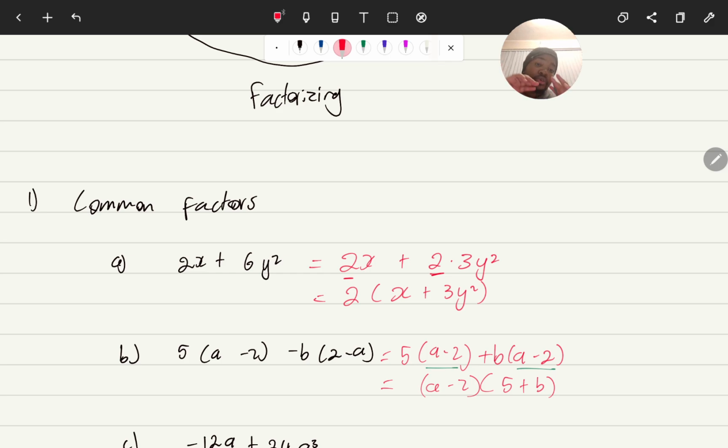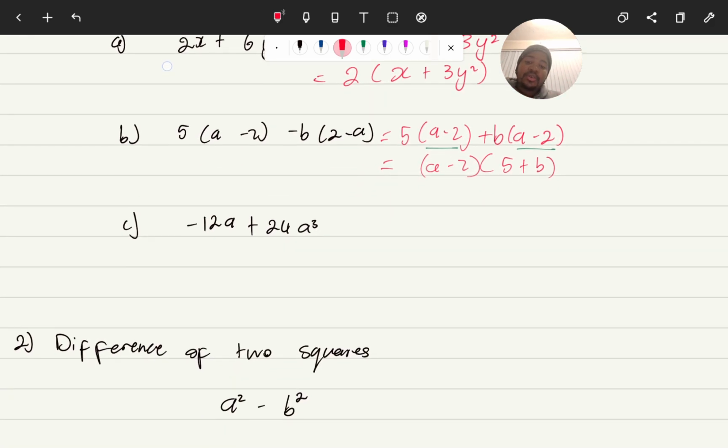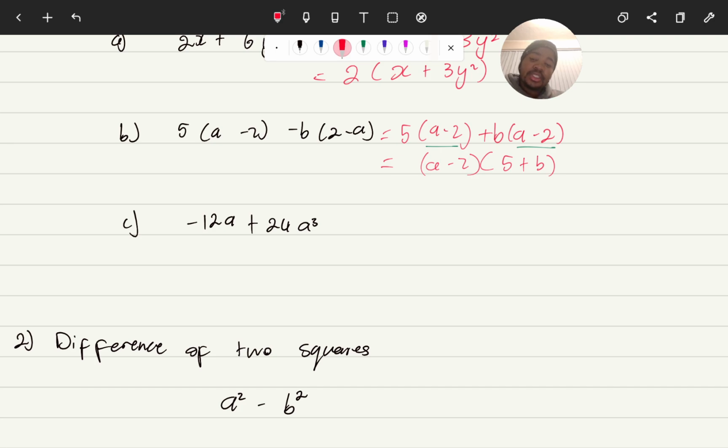The first thing you look for when you're trying to factorize is common factors. For example, here we have 12, we have a, we have 12, we have a, right? So I could say this is the same as 12 times a plus 12 times 2 times a squared.